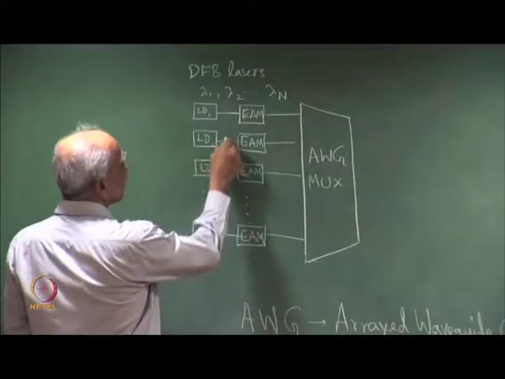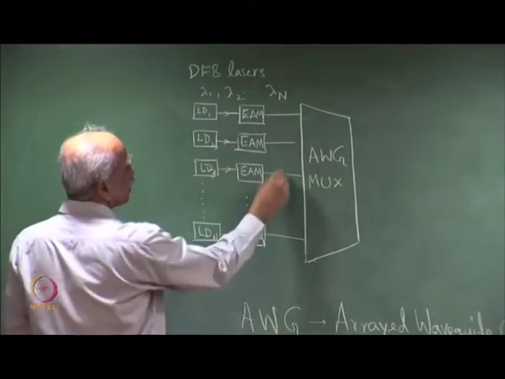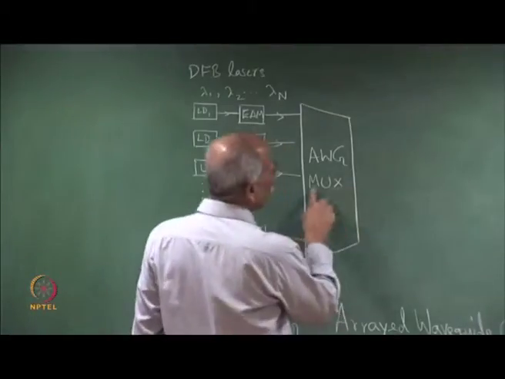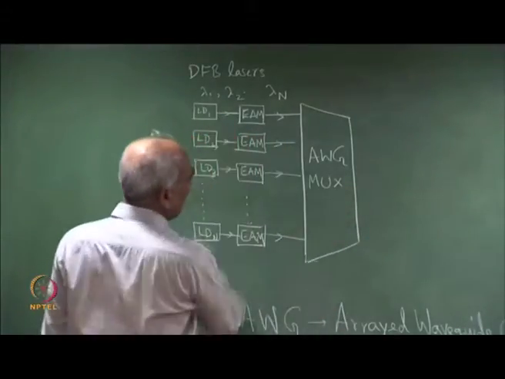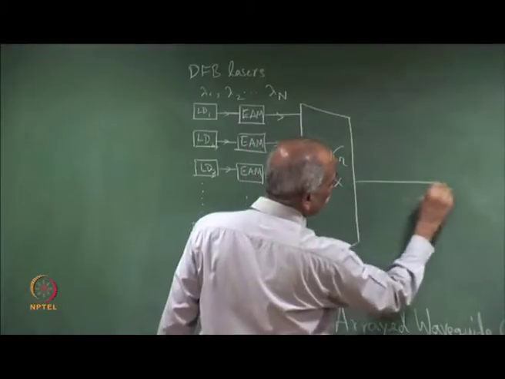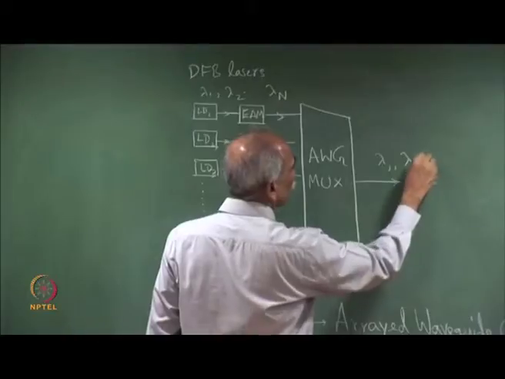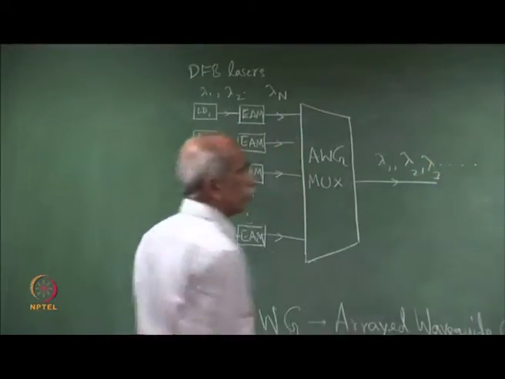So, this is lambda 1, lambda 2. The output, this is a mux, multiplexer. So, we have n lambdas here. So, here is the output which has all the wavelengths coming here, lambda 2, lambda 3 and so on.